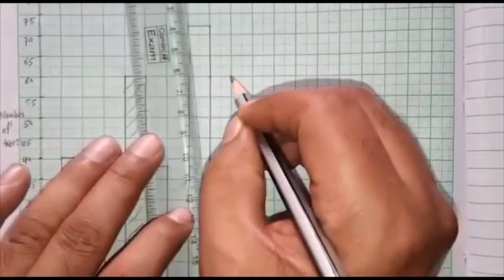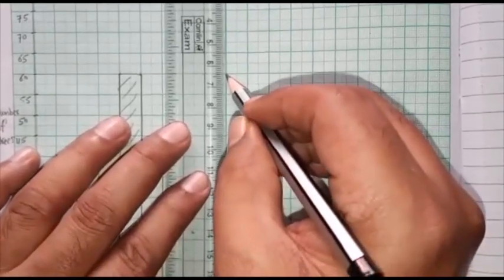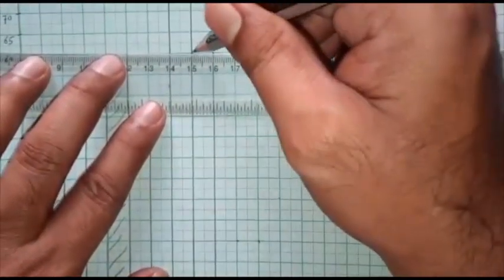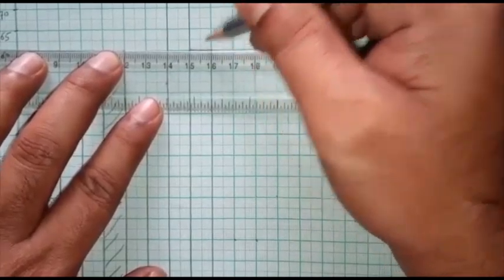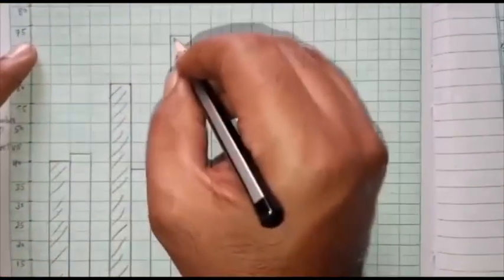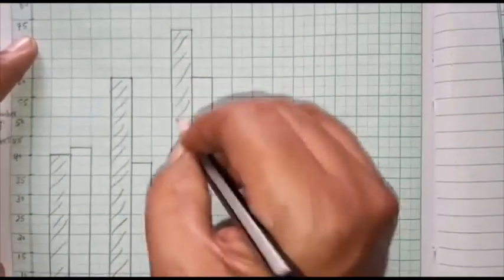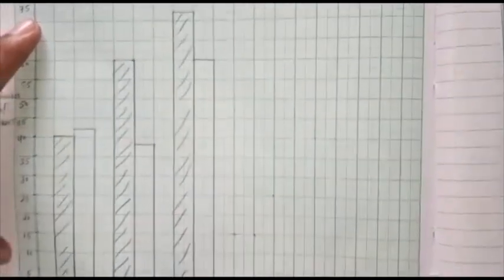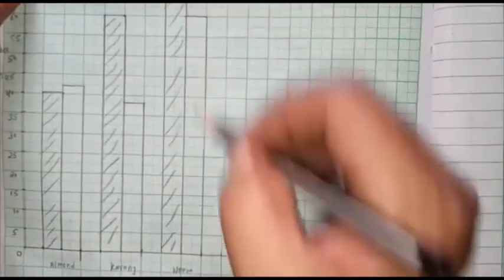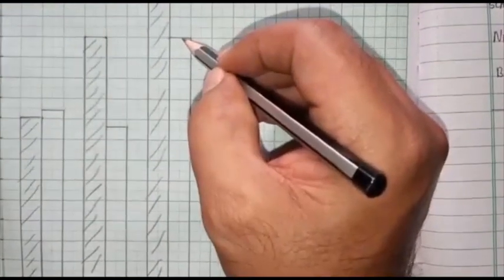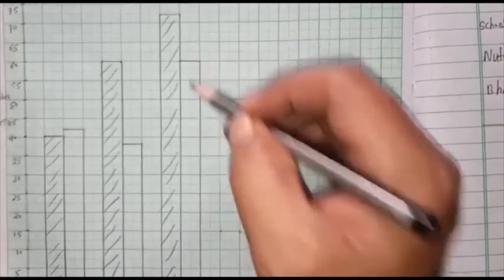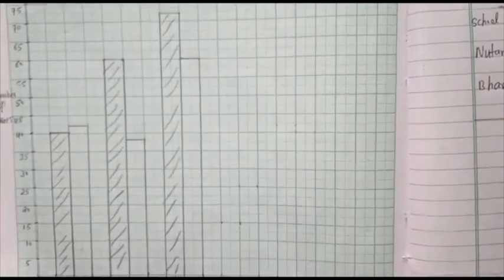So we mark 60 and draw the graph for the neem tree. Nutan Vidyalaya, this one we just shade. This one shows the neem tree for the Nutan Vidyalaya, and this shows the neem tree for the Bharat Vidyalaya.